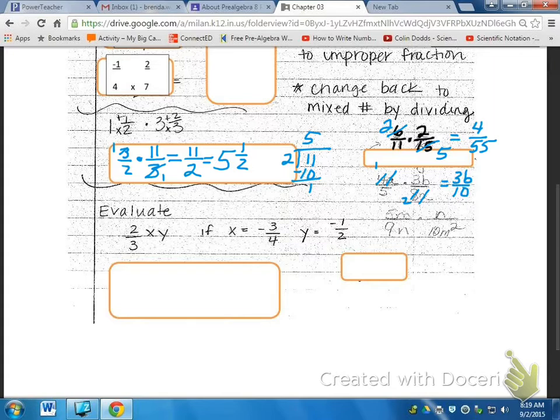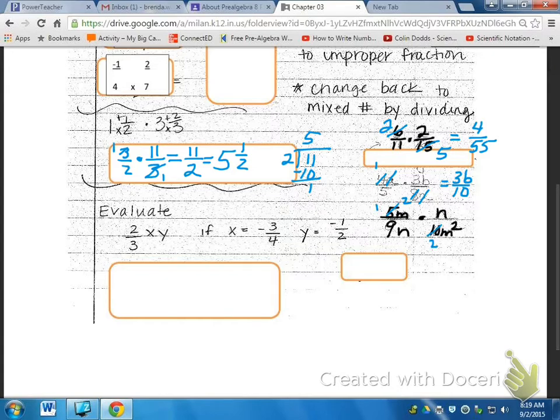Okay, I want to make sure we look at this other one here too. It says 5m over 9n times n over 10m squared. Okay, just want to clarify these for you so that you know. I'm going to cancel the 5 and 10 first and become a 1 and a 2.